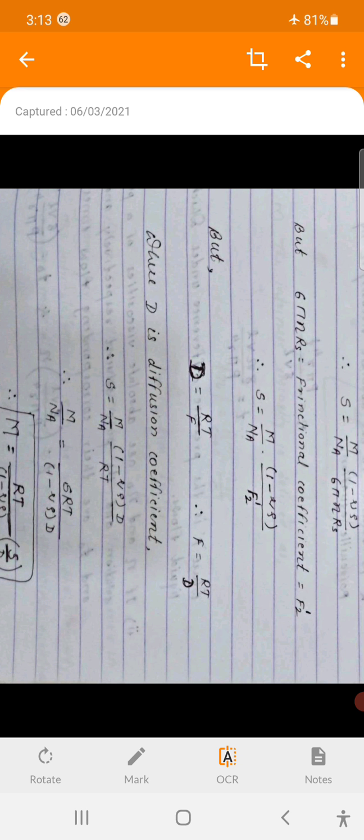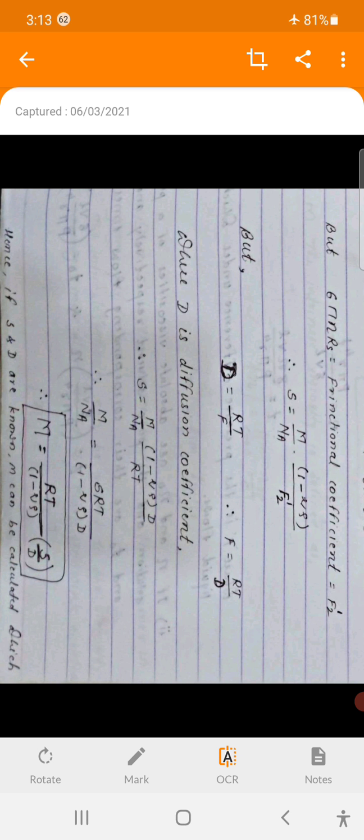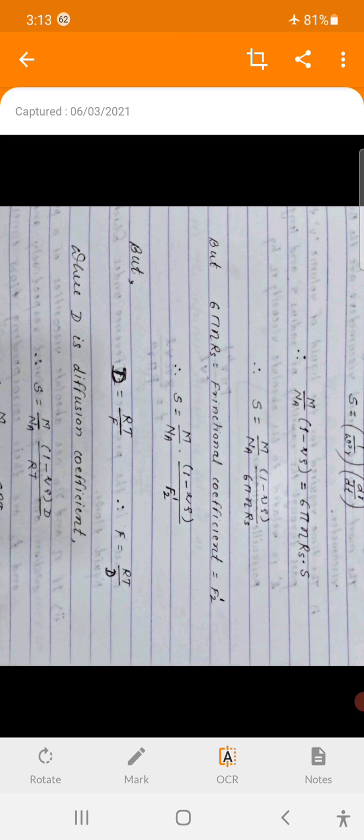That 6 pi eta Rs is the frictional coefficient, considered as F, and we know the diffusion coefficient D is equal to RT upon F. Therefore F is equal to RT upon D. Substituting in the above equation, we finally get M upon Na is equal to S RT upon 1 minus mu into rho into D. That M upon Na is nothing but the molecular weight of the polymer molecule.